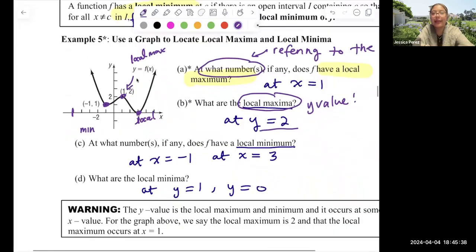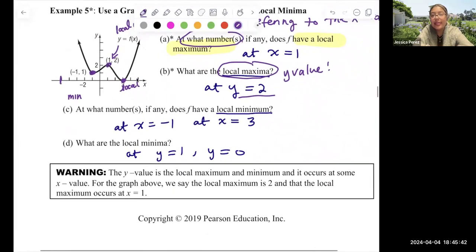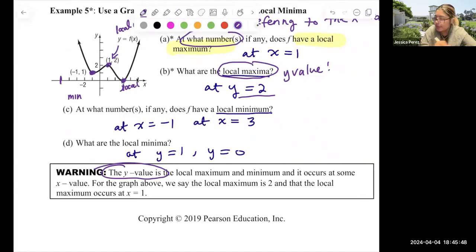Perfect. Exactly. So see how the y value is the local maximum and minimum, and it occurs at some x value. So when they ask for the local maximum and minimum, they will ask for the y value. Here, the local minimum was at y equal 1 and y equal 0. But if they ask at what numbers, they're referring to the x values.